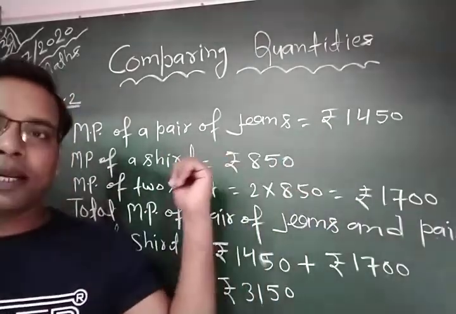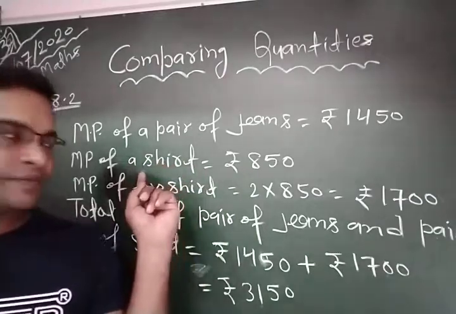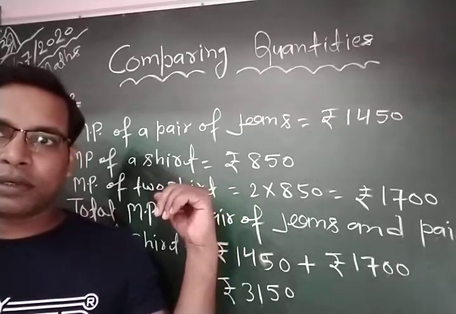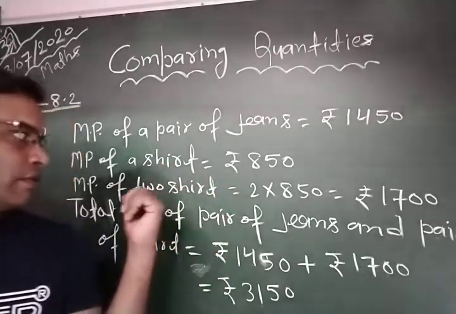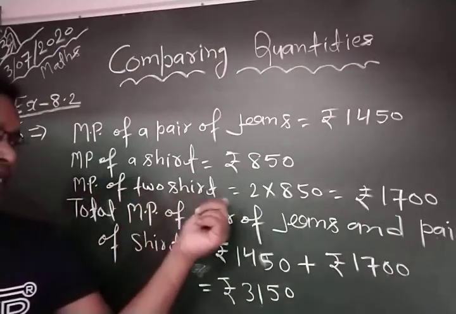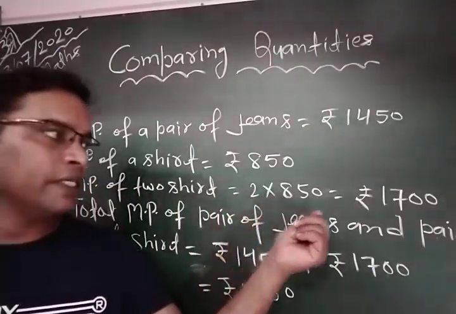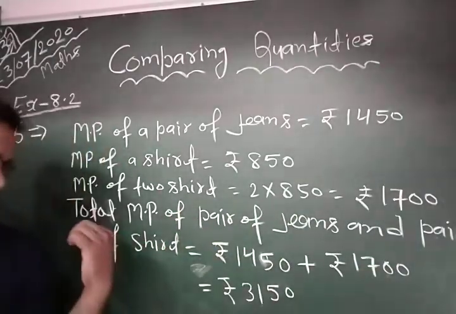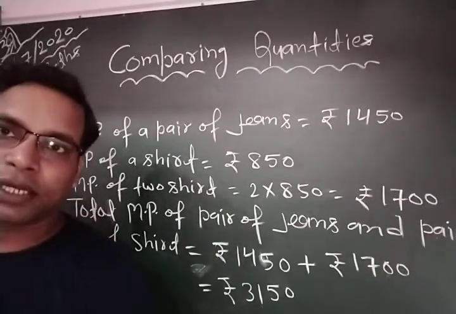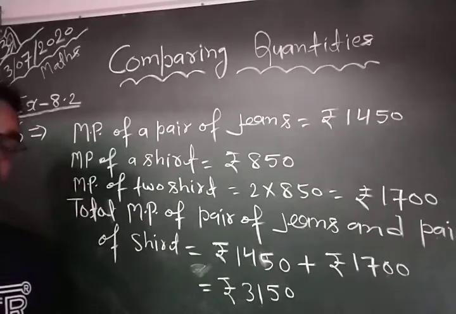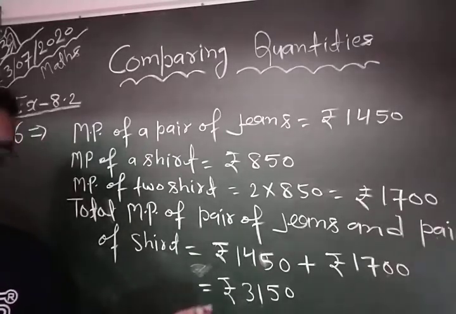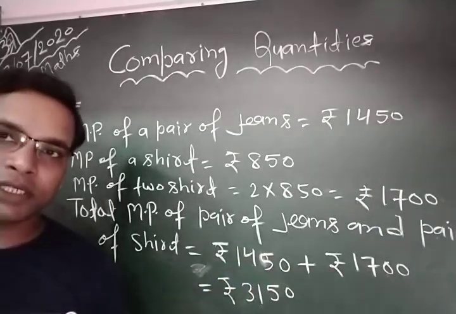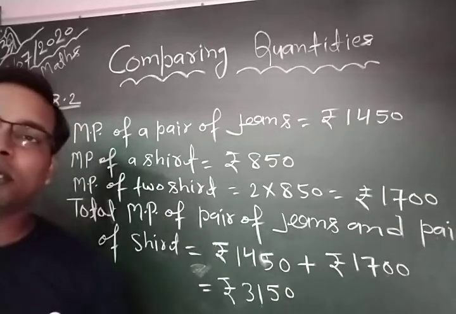First, the marked price of a pair of jeans is 1450 rupees and the marked price of one shirt is 850 rupees. He buys two shirts, so the marked price of two shirts is 2 into 850, which is equal to 1700. The total marked price of the pair of jeans and the shirts is 1450 plus 1700, which becomes 3150.